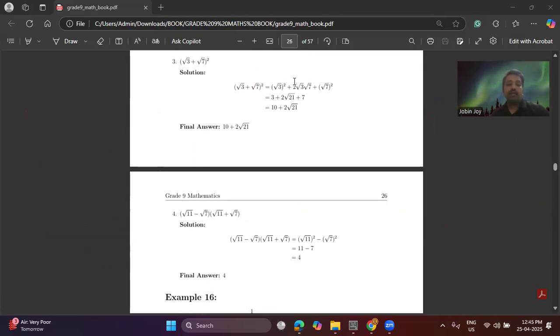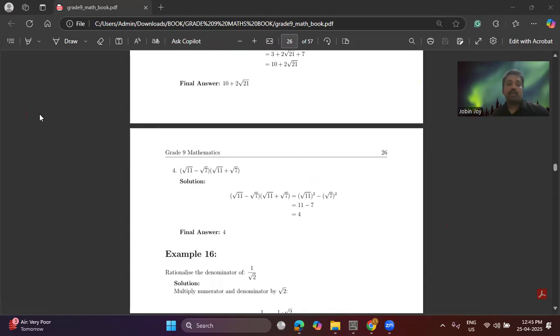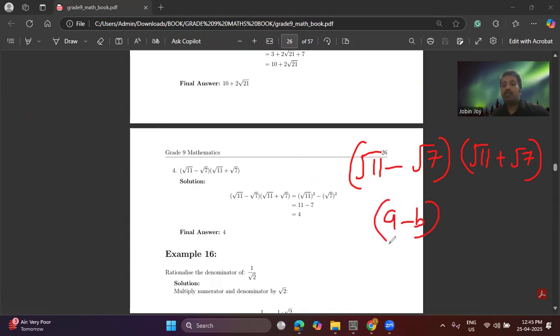Next question is (root 11 minus root 7) into (root 11 plus root 7). This is again in the form of (a minus b) into (a plus b) identity. What is (a minus b) into (a plus b)? This is equal to a square minus b square.